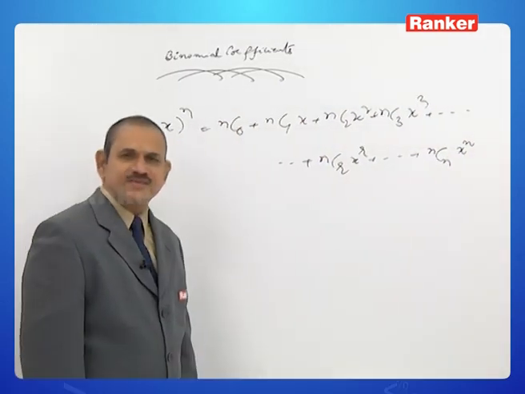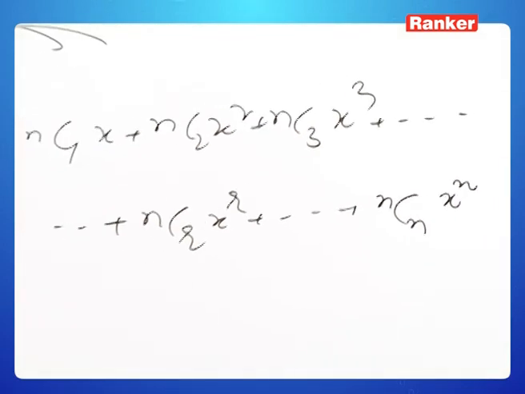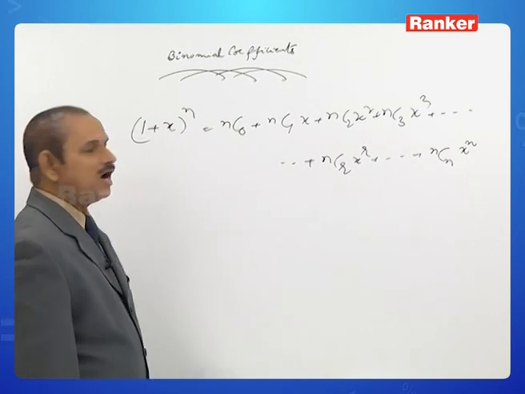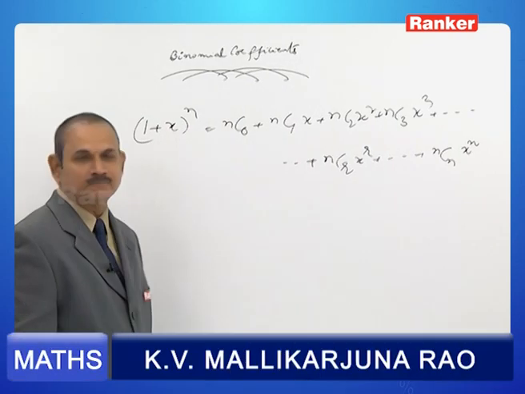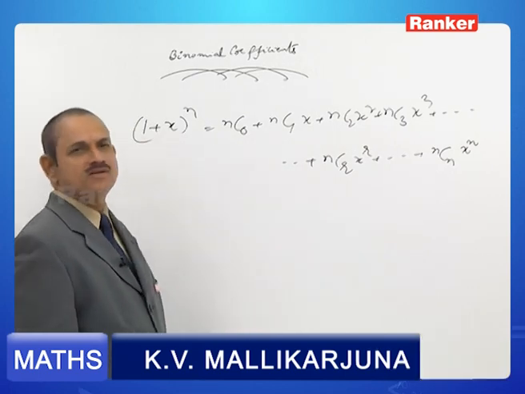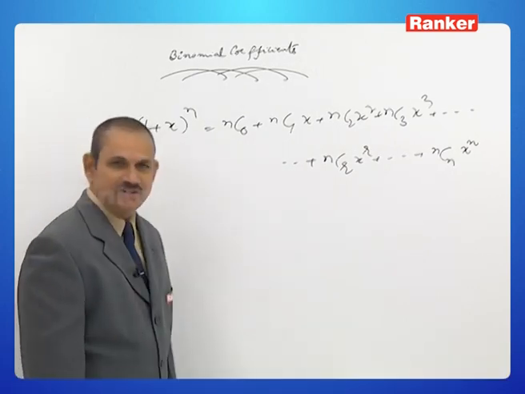What is special in it? Nothing special. Instead of two variables, we have only one variable x, and in the first place we have only one. As a result, a very good convenience can be enjoyed here by observing the terms.